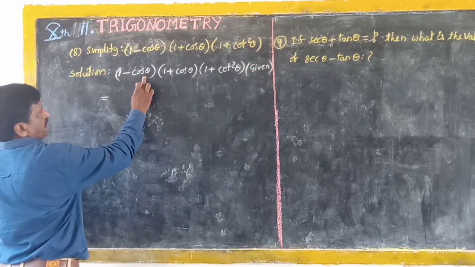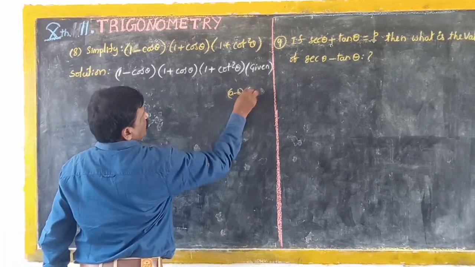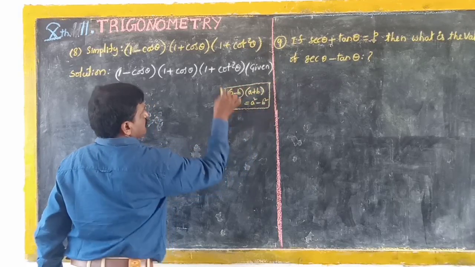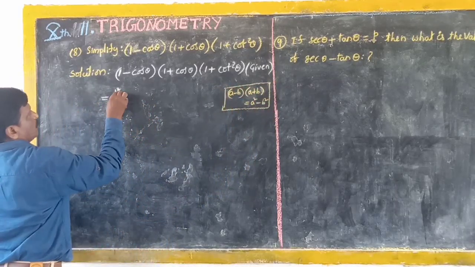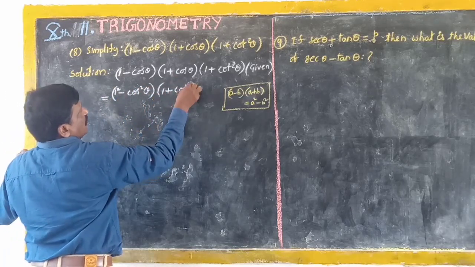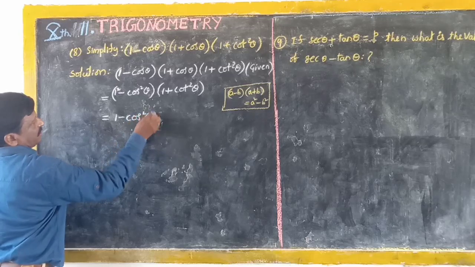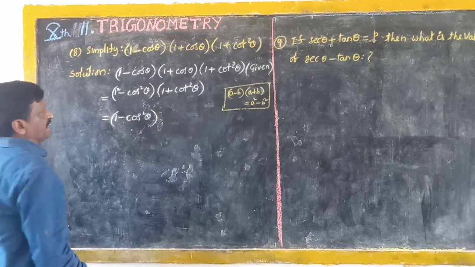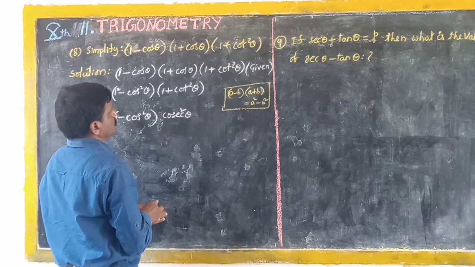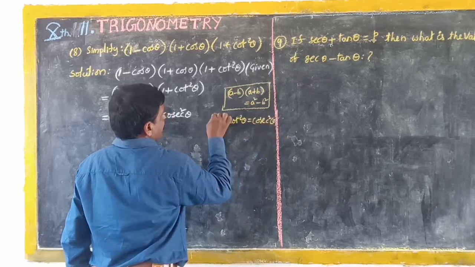So (a minus b)(a plus b) is equal to a² minus b². So (1² minus cos²theta) into (1 plus cot²theta), that is 1 minus cos²theta. And 1 plus cot²theta is equal to cosec²theta.